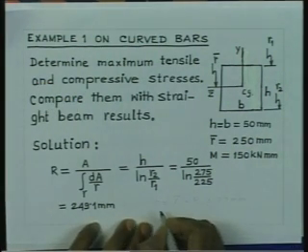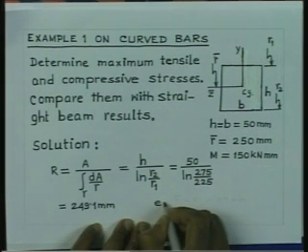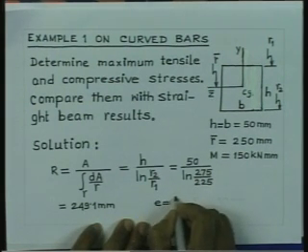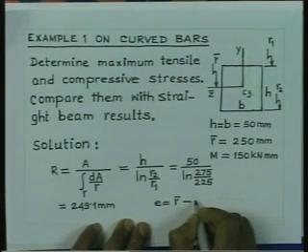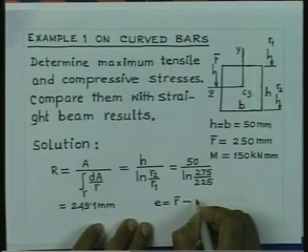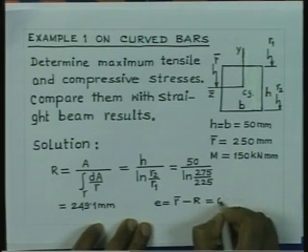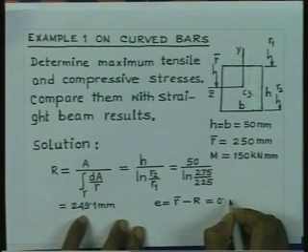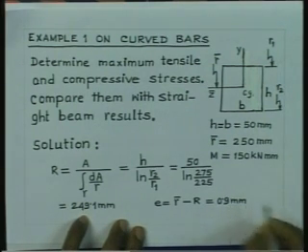Therefore, the eccentricity e is nothing but r bar minus r, which is 250 minus 249.1, therefore, this is 0.9 millimeter.